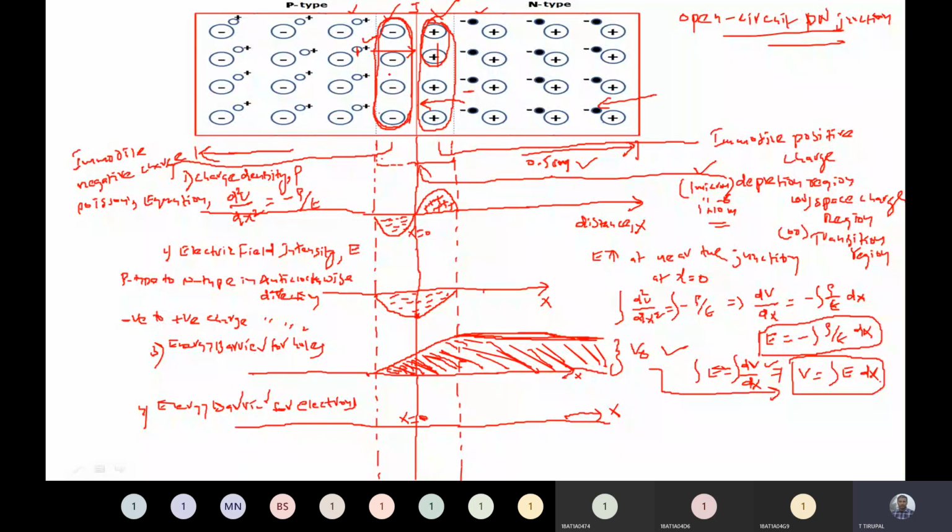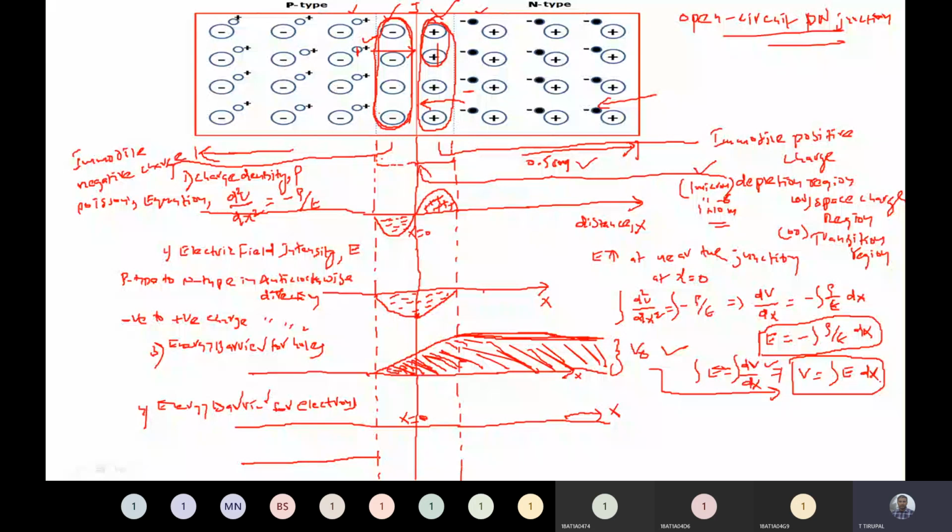Therefore, in order to overcome this barrier, the electron has to acquire energy. What is the amount of this barrier? If you add all these negative signs, you get the amount of barrier. Since it is a negative charge, we represent it below x equal to 0. If you add the complete negative, you get this.